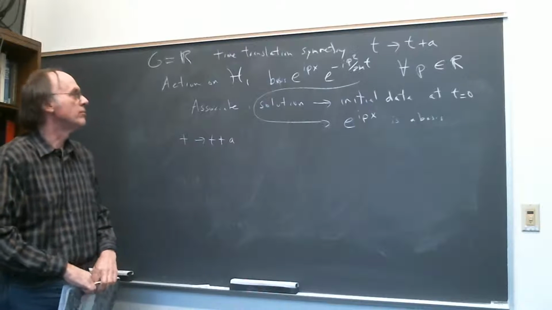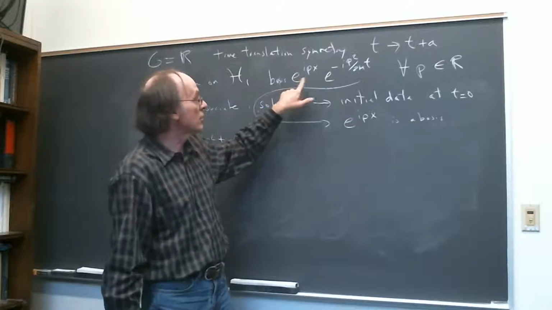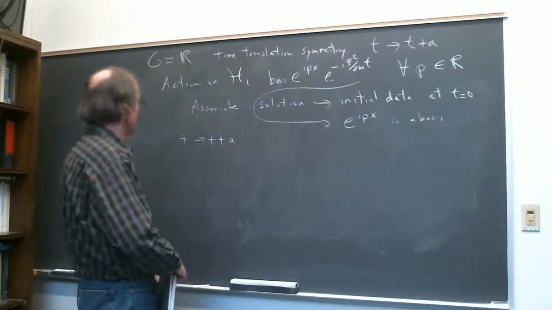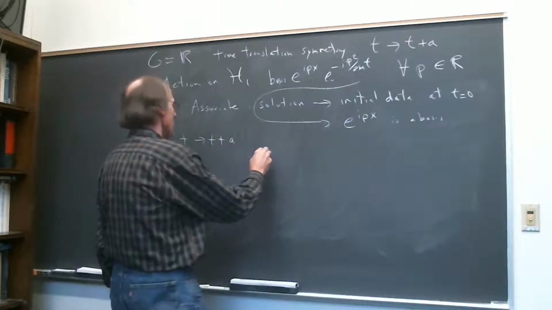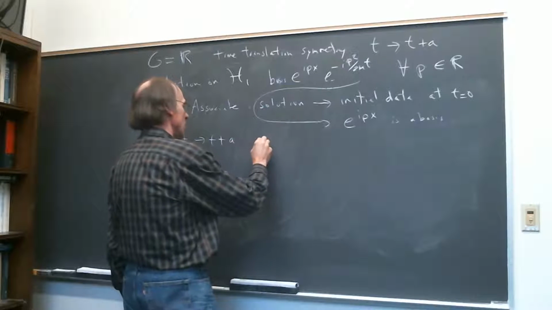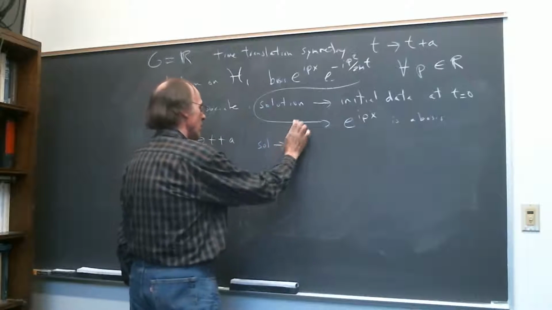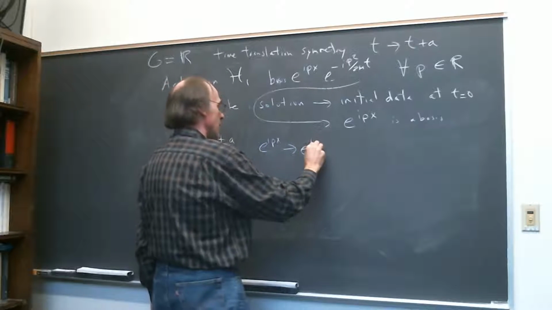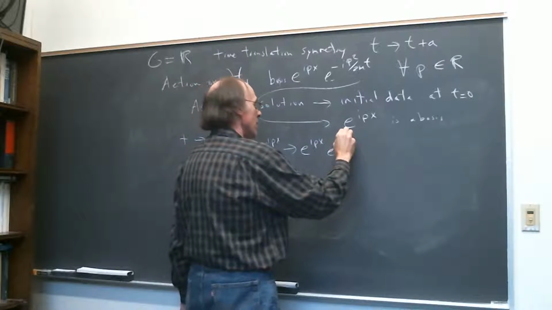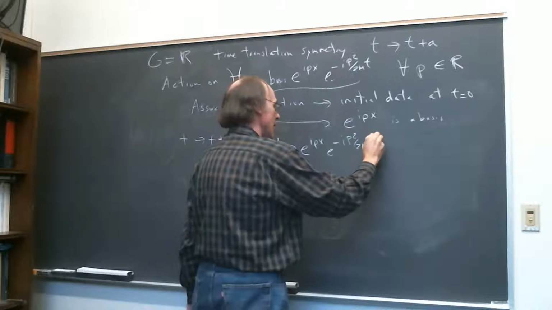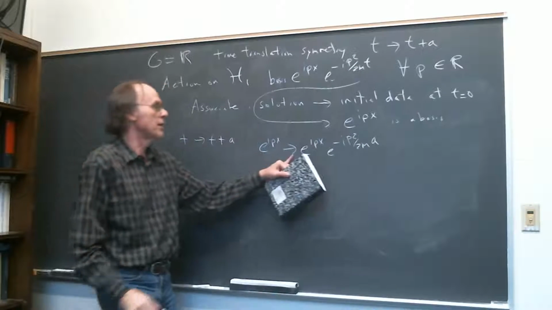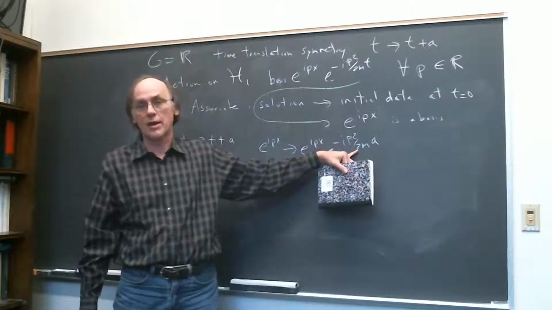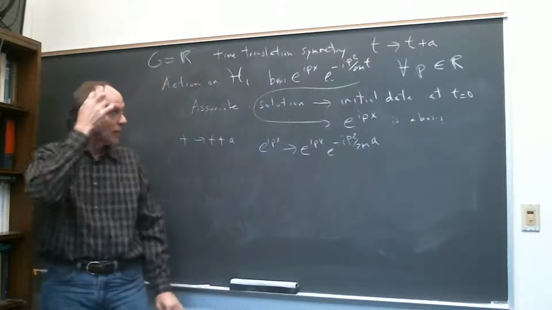The actual solutions behave like this, so e to the ipx goes to e to the ipx times e to the ip squared over 2m a. These basis vectors are each just getting multiplied by a phase, depending upon p.